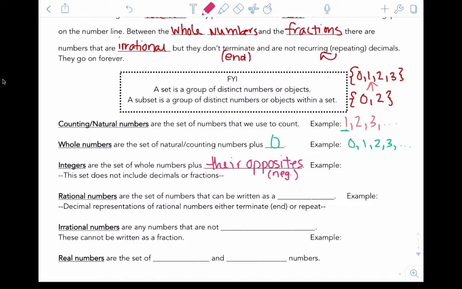We're still talking about those whole numbers. So now I'm going to have my typical 0, 1, 2, 3, and so on. But I'm also going to have their opposites or their negatives. So I'm going to have -1, -2, and so on in that negative direction also. So now I have my positives and negatives, and then 0 is also an integer.